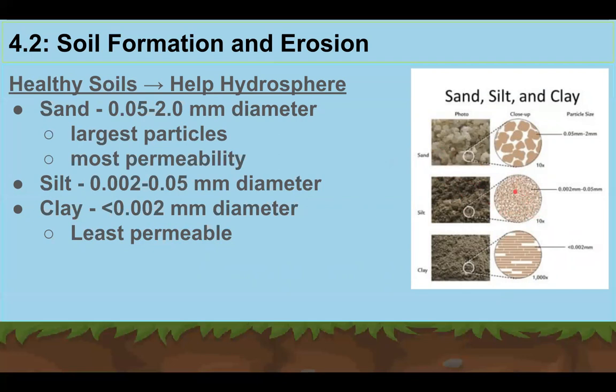And clay is the least permeable. It is the smallest, and so water will not really be able to flow through here, but an important part of any soil is going to be our clay that would help to retain the water. We just can't have too much of the clay. There is such a thing as having too much of a good thing.